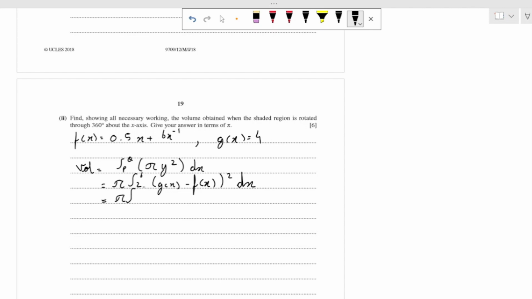Pi, we can also write this whole statement above gx minus fx in this way, where we have pi integrand 6 2, and we would have gx whole squared, remember the square, dx minus pi integrand 6 to f of x whole squared dx.